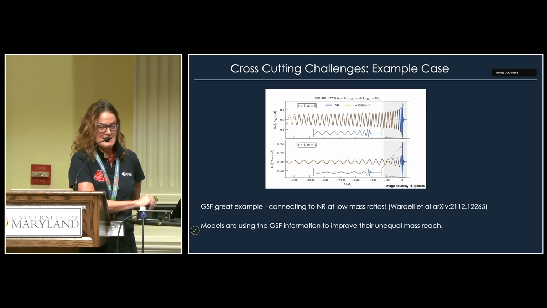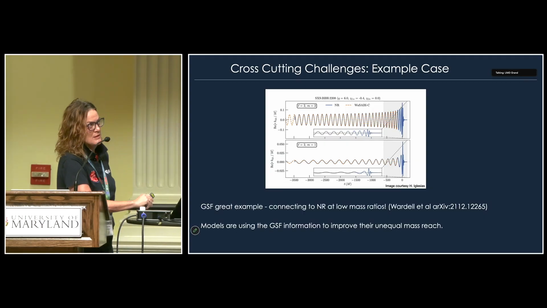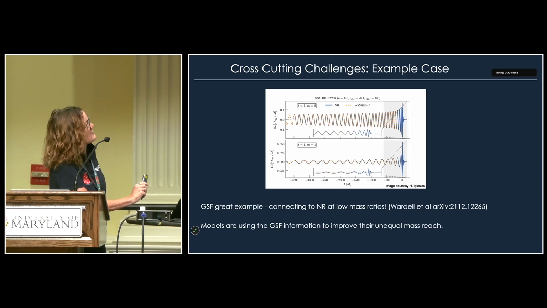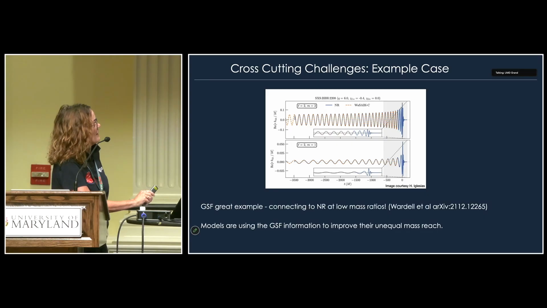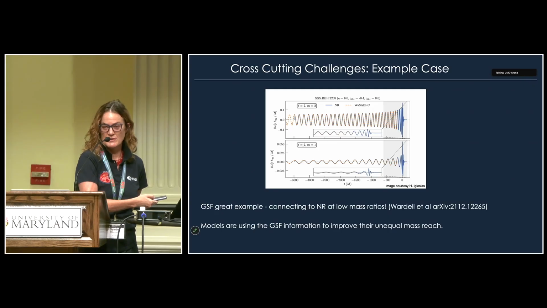I grabbed one example case to again talk about what I think is going to be the true game changer in waveform development as we look ahead to LISA, and that is these cross-cutting challenges. I already mentioned that there was this great piece of work that connected the self-force waveforms, compared it to numerical relativity and post-Newtonian.